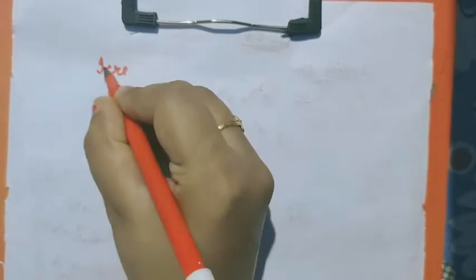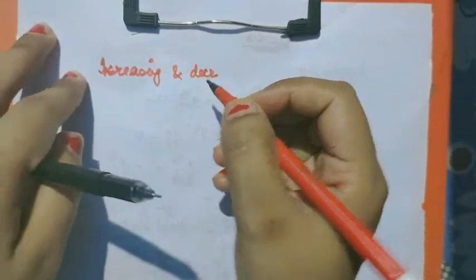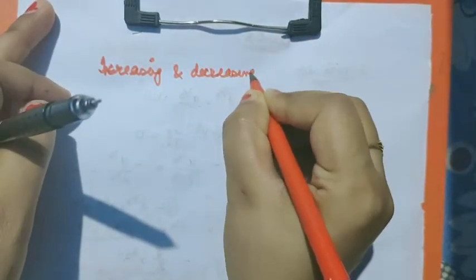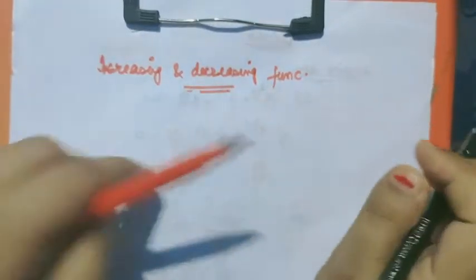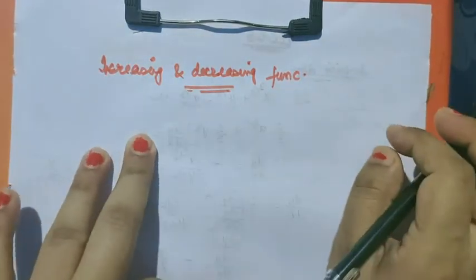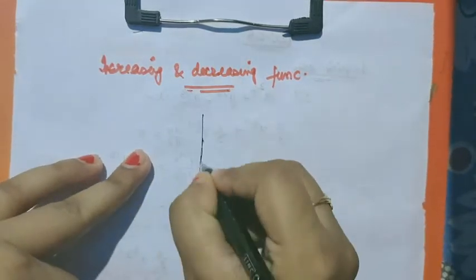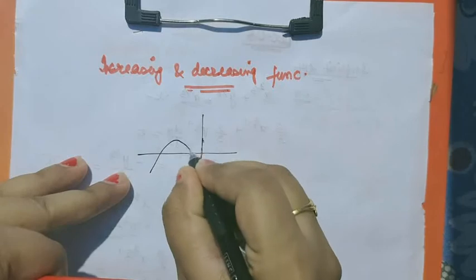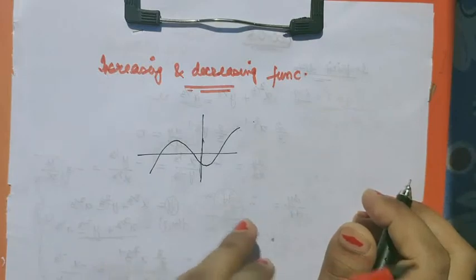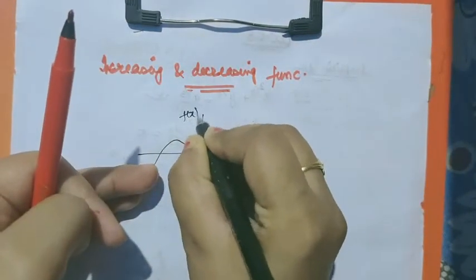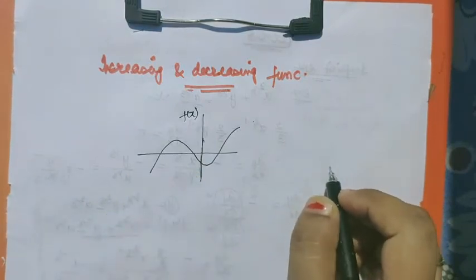Write down the topic: increasing and decreasing function. At first you tell me, if I have given you a function fx like this, and I'm asking when this function fx is positive and when it is negative. What will you say?